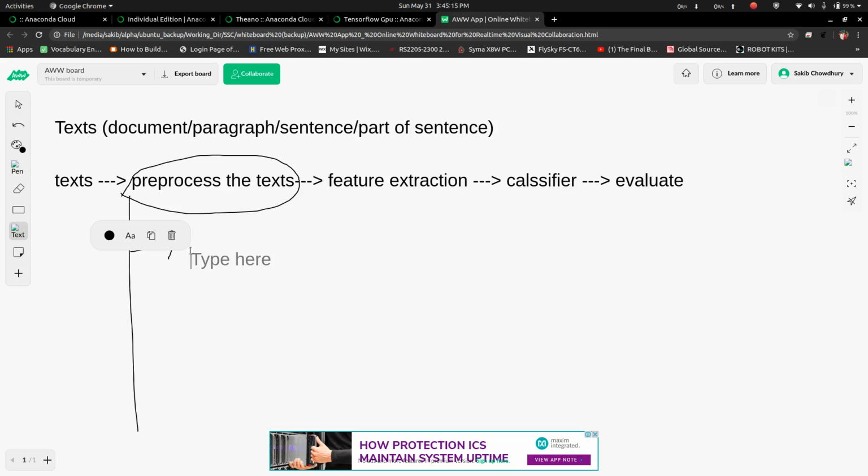Let me start by giving you an example, which might be a very good way to start. Let's consider a sentence: go to your house.